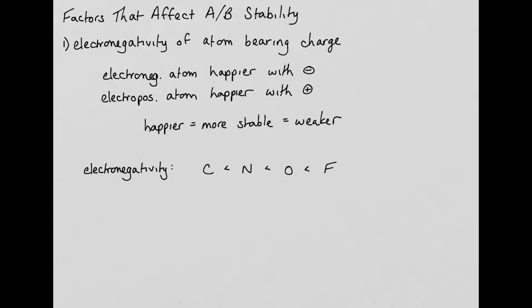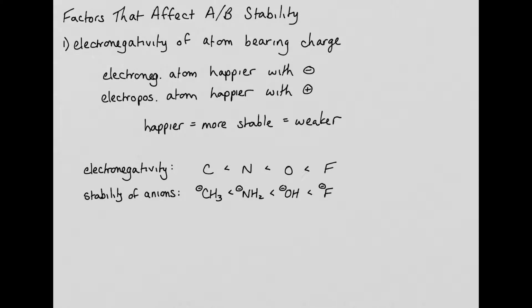If we consider anions where the negative charge resides on each of these atoms, stabilities will increase in the order of electronegativity. In other words, the carbon bearing the negative charge is the least stable anion, followed by when nitrogen has a negative charge, then oxygen, then fluorine, which is the most stable because it's the most electronegative.